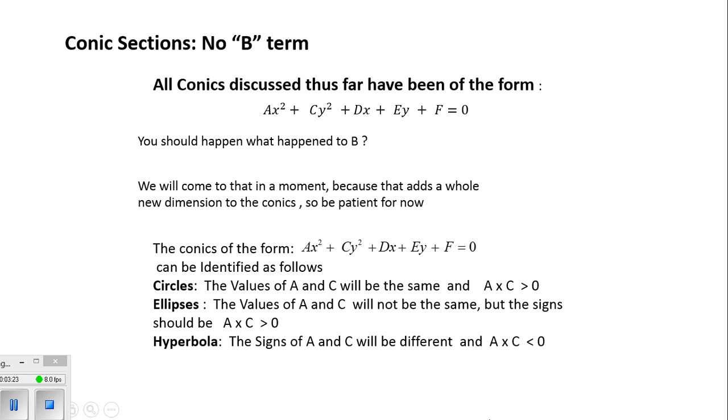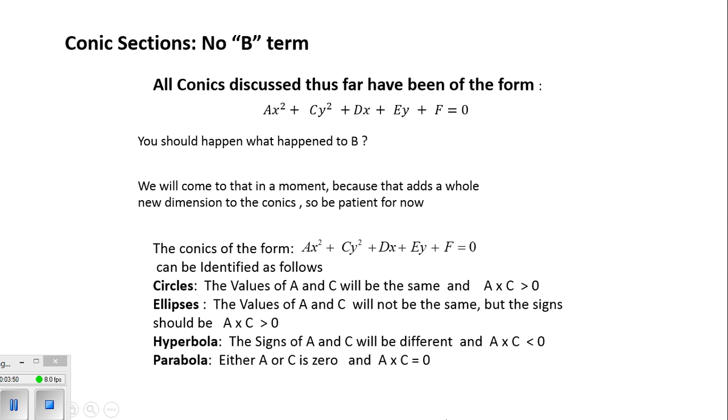The hyperbola is going to be with A and C terms whose product is less than 0. That implies that A and C are of different signs. A and C can be the same numeric value, but their signs will be different, so the product of A and C is always going to be less than 0.